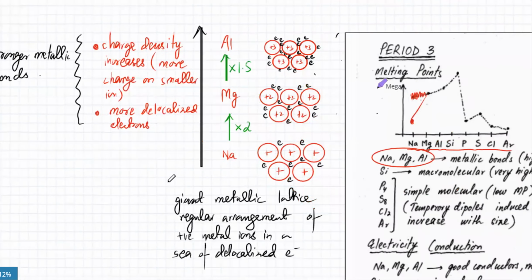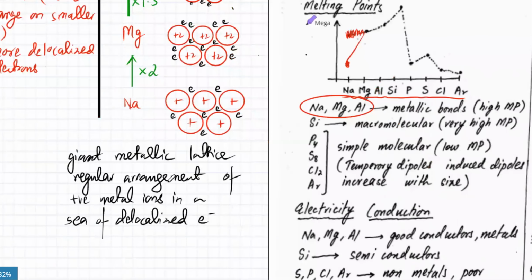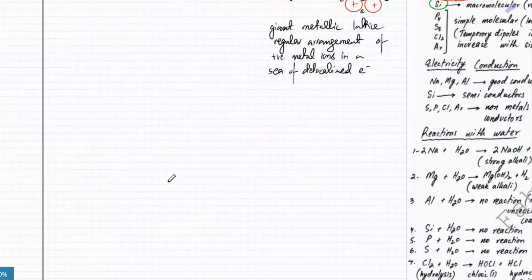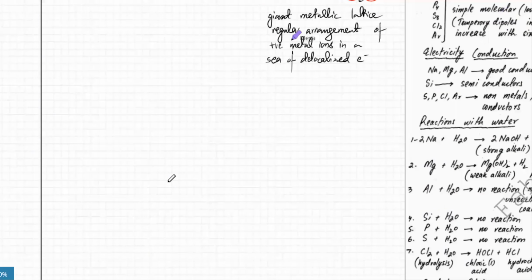Now moving on, the next one is silicon. What's happening with silicon? Now silicon is a giant covalent structure. It's a macromolecular structure. तो उसका अगर question है ना कि why is silicon is like diamond. Silicon has a giant covalent structure, exactly like diamond.